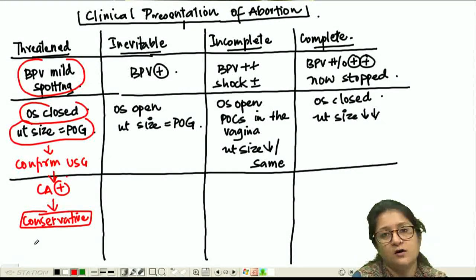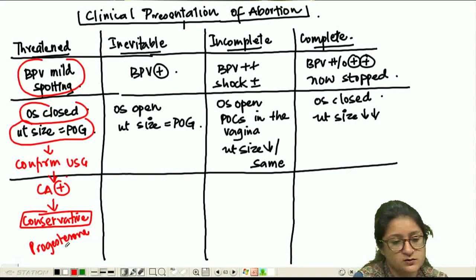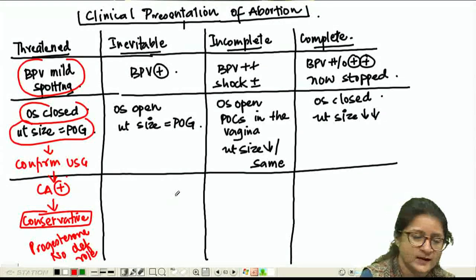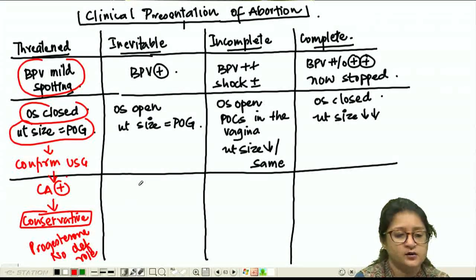It does not mean progesterone. Giving progesterone here has no definite role. Though given very openly, it is not an evidence-based medical practice. In inevitable abortion, cardiac activity would be plus minus, it doesn't matter.